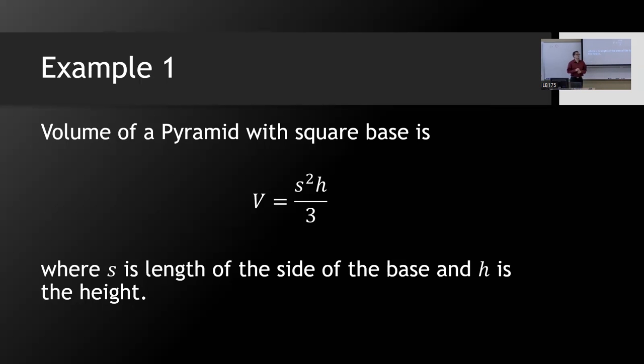So you go look up that formula. You could derive that, but might as well just look it up, or somebody gives it to you. And once you're given this algebraic formula, it is a model for the volume of that pyramid. Therefore, we can ask the same types of questions we did in the previous sections.